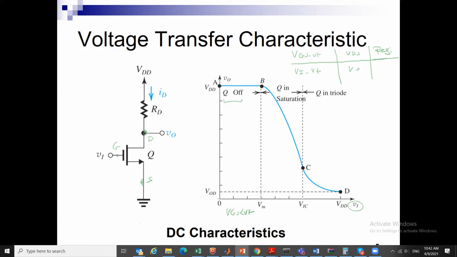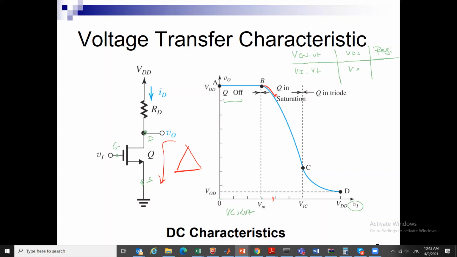The next region: as I increase Vn to slightly above Vt, the device starts to turn on. It starts to pull down the output slightly, meaning the output is still large. This is an inverter, I need to put effort. As I increase VGS, Vn, I start to pull it down.